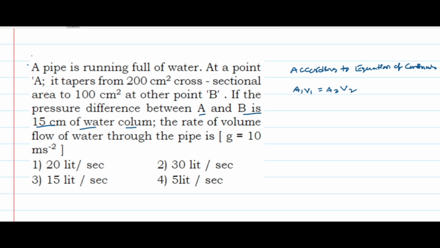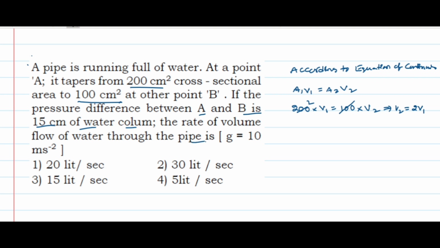At the first end, the area is 200 centimeter square into velocity, which we don't know, so let us take it as V1. At the other end, A2 is 100 centimeter square. I am not going to change the units. So 100 goes two times, and you can write V2 equals 2V1. Now they are asking the rate of volume of flow of water through the pipe.